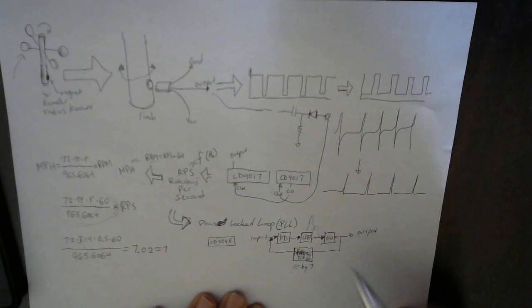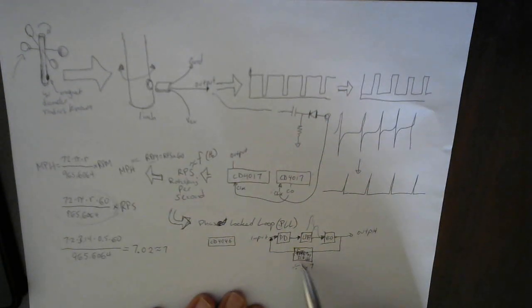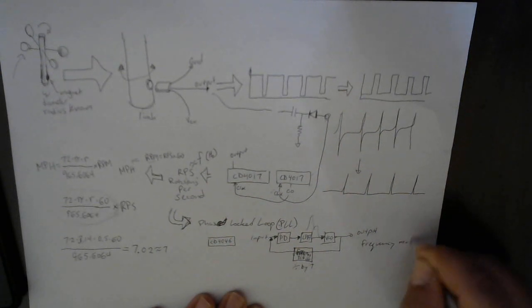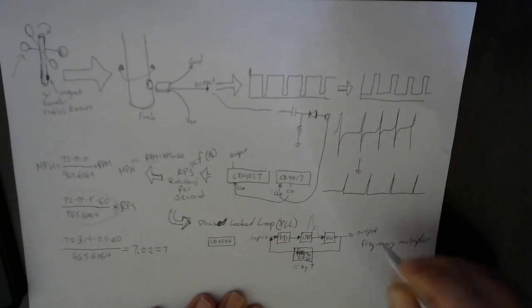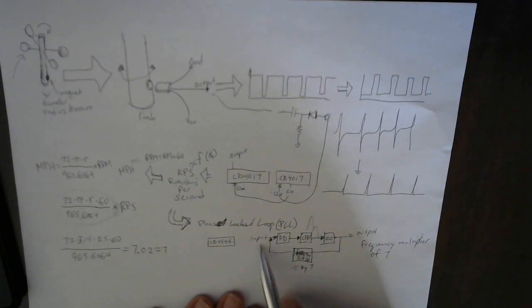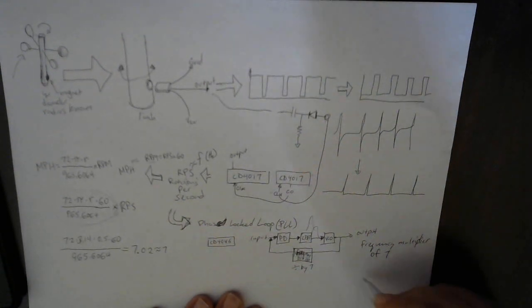So we're going to divide it by 7. When this feedback loop is divided by 7, this output, when it's combined with this feedback loop, gives you a frequency multiplier of 7. So it multiplies whatever input signal there is by 7.